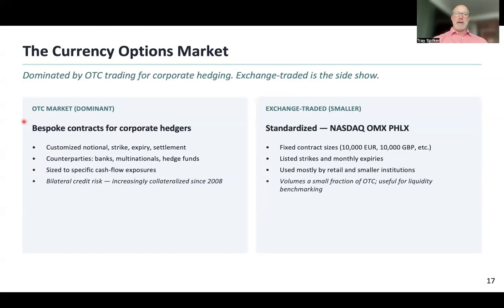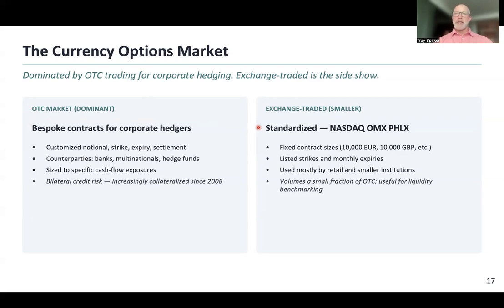In terms of the exchange-traded options, you can trade them on the NASDAQ options market exchange, which is the main one for retail or standardized currency options. But again, the volumes are rather modest there. The larger one actually is the Intercontinental Exchange foreign exchange options platform.